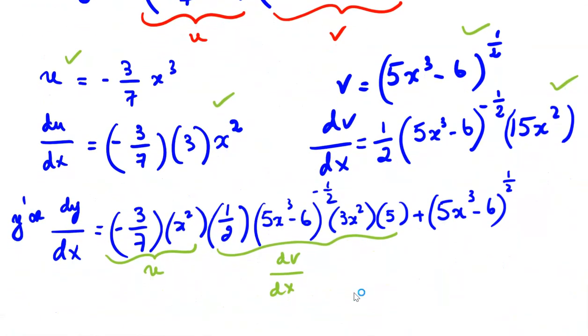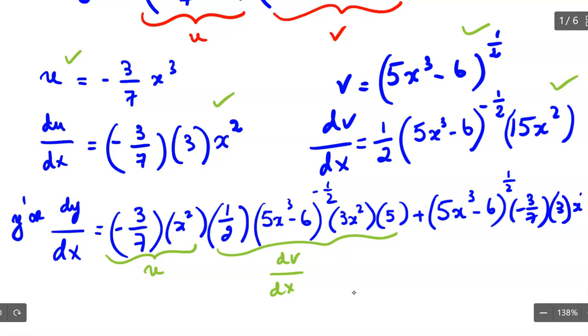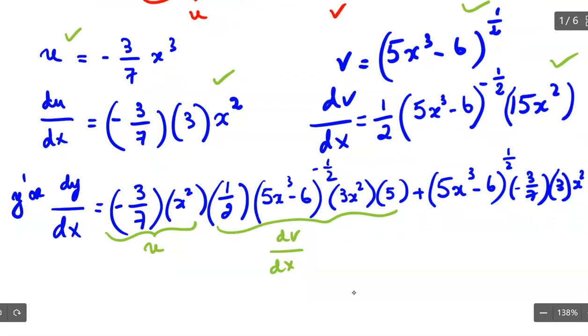So du over dx will be negative 3 over 7, times 3, times x squared. Let me make sure I distinguish that negative sign. This is v, and this is du over dx, to be clear.